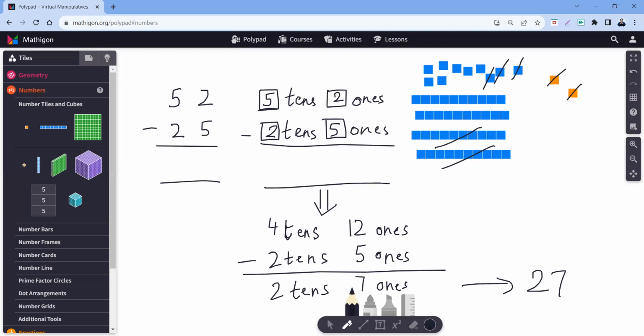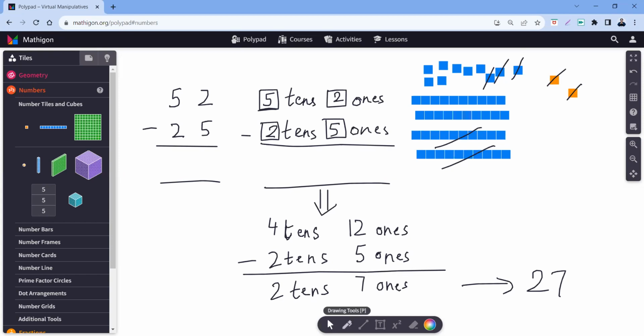Now let us see how we learn in school and how we can connect it here. Remember what they teach you in school? 2 minus 5 you can't do, so you borrow from here. Borrow means what actually? This 10 was there, no? We broke it into small pieces.